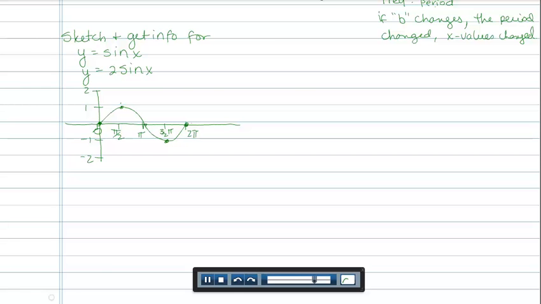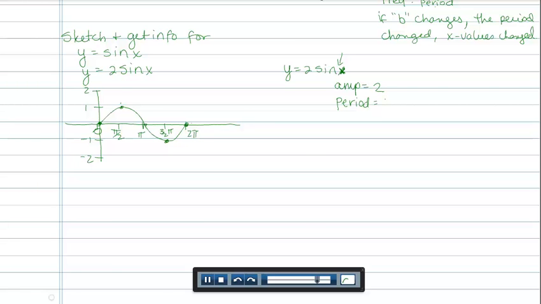Now let's talk about y equals 2 sine x. What do we know from this curve? We know that the amplitude is 2, so it's going to be taller than sine x. What is the period? Well, B didn't change. B is still 1. The understood number in front of the x is a 1, so the period is still the same as regular sine x.